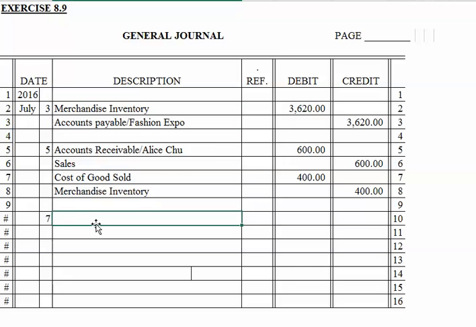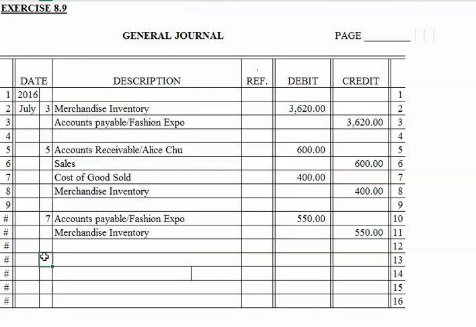So we start with accounts payable and Fashion Expo, and that return was for $550. And the credit is merchandise inventory. Okay.